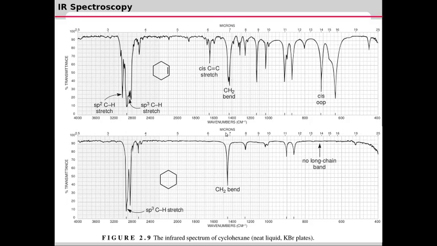You see some CH2 bending vibration, which is sharper here compared to the case of cyclohexene, because we have a pure cyclic alkane system. And you don't see any cis out of plane bending vibration for this system, because this vibration happens only in molecules having double bonds, and we don't have any double bonds here. So the spectrum is quite simple when you have a simple alkane system.